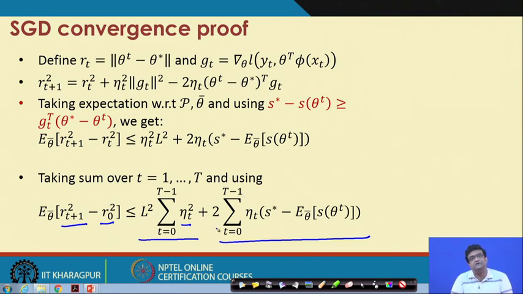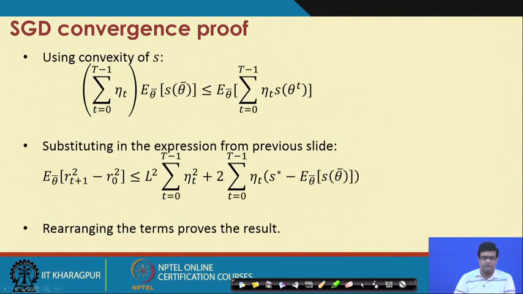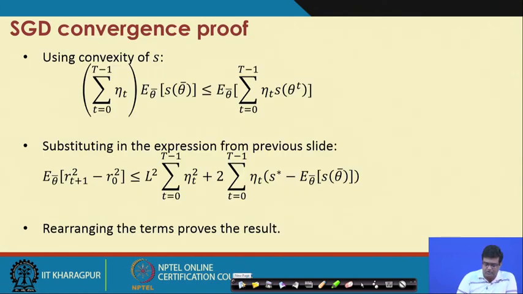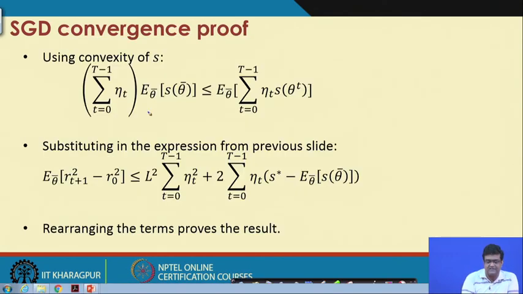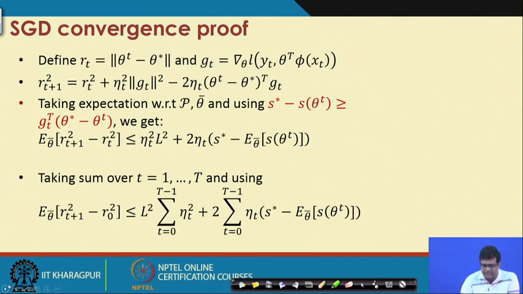The 2 is outside because it is not dependent on t. Now, one more time we use the convexity of S. You see, in the previous expression, there is a summation over t equal to 0 to T minus 1.